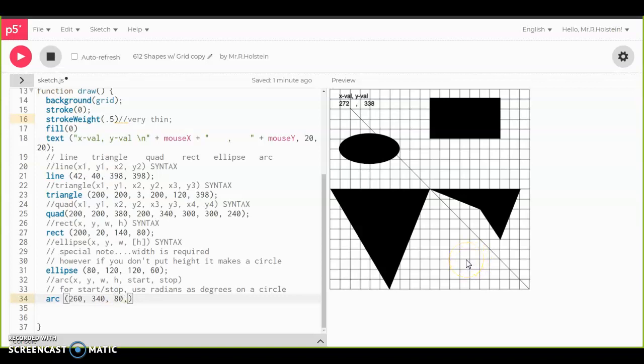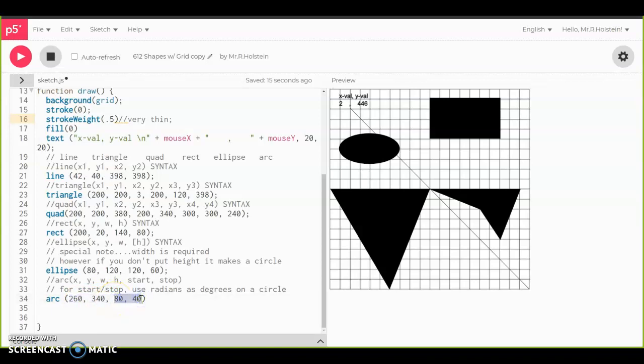Okay, so where did I start? 260, 340. There we go. And I want to go up here. So 320 to 340, that's a 20 difference, but I need both sides, so I'm going to do 40. So now I have, thus far, an X and a Y. That's the coordinate where I'm going to start. This is my width and height.